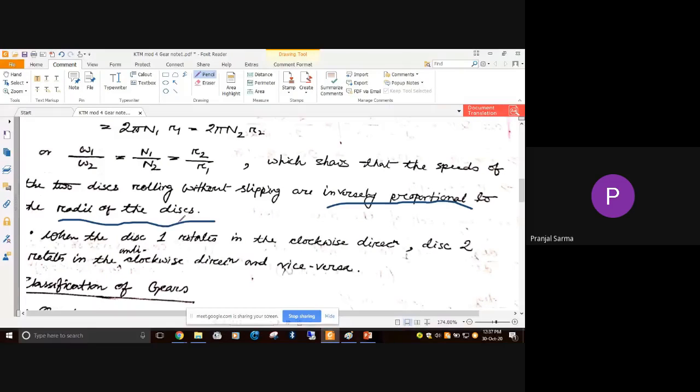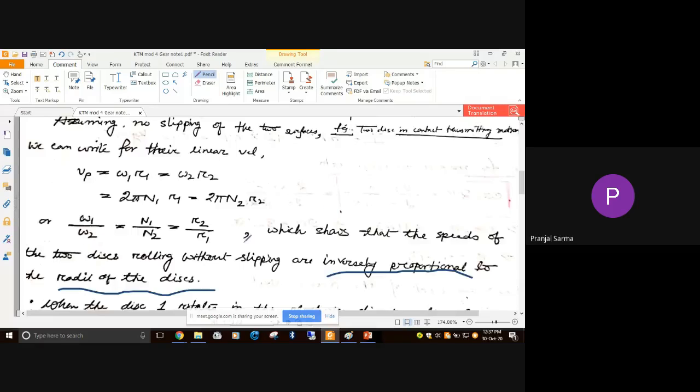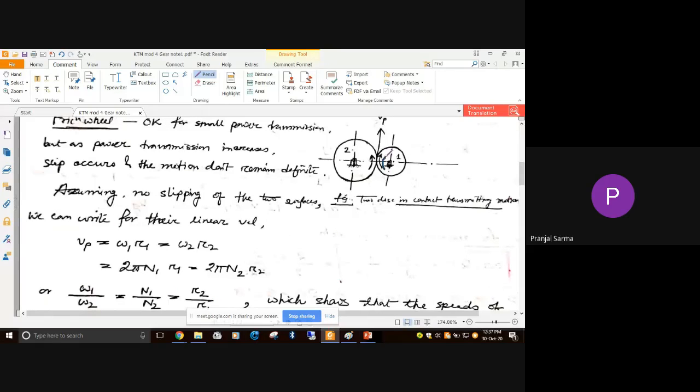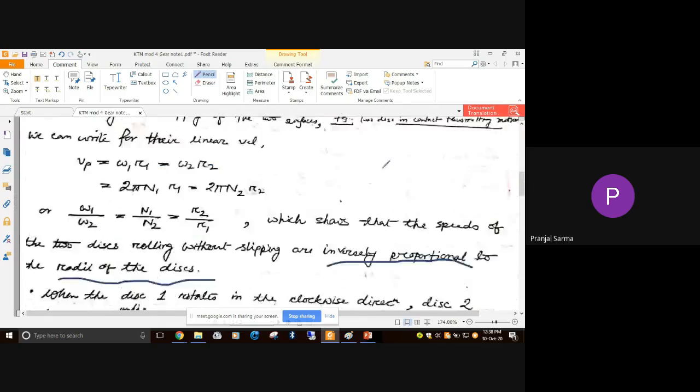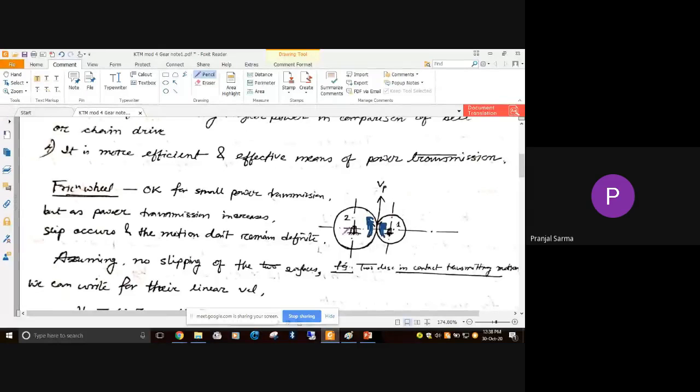Another thing we have seen: suppose this disk one, A, is the driver and two is the driven. Whenever the driver is rotating in the clockwise direction, the driven is rotating in the anti-clockwise direction, or vice versa. Later on we will discuss this with respect to the gear train arrangement.